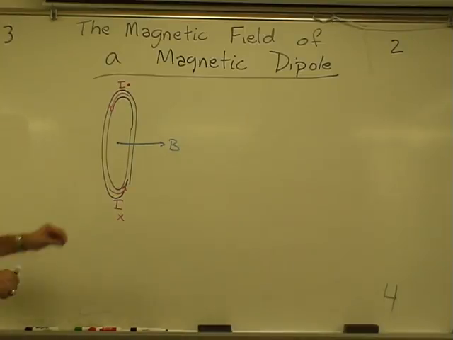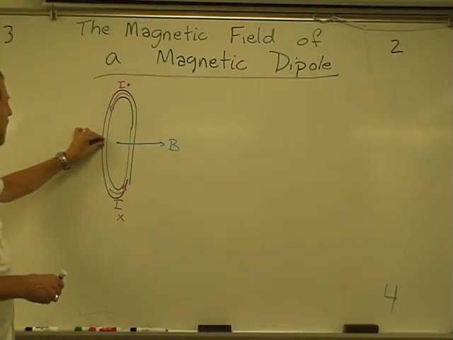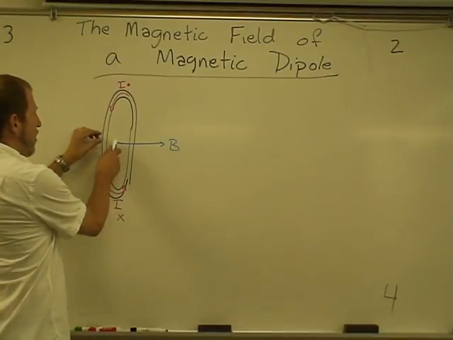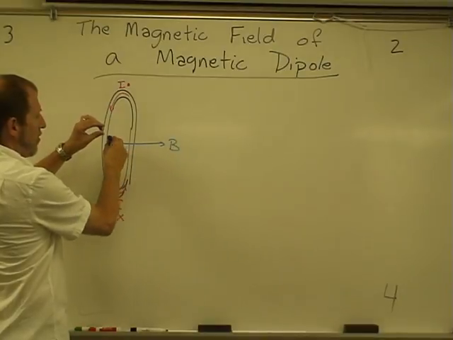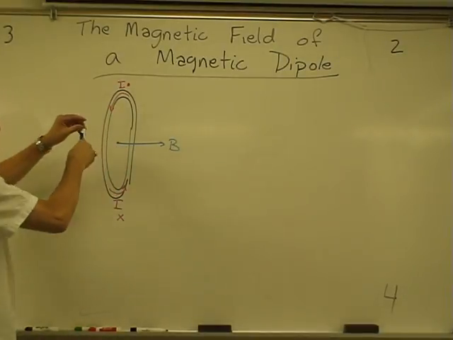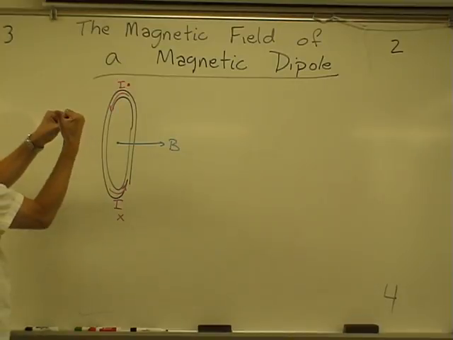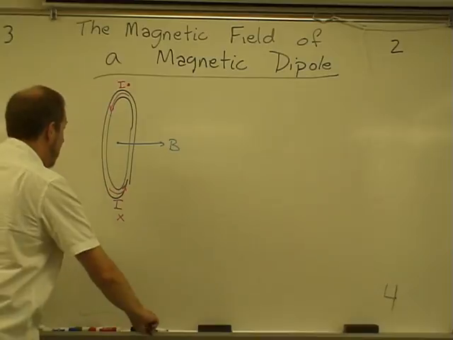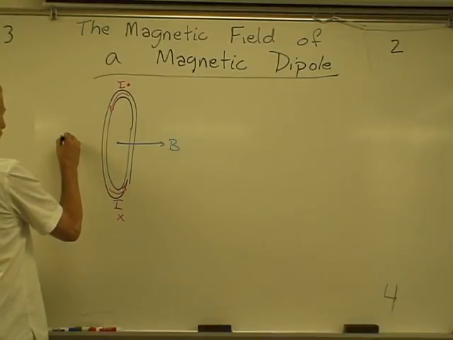What I could do is I could take a tiny little chunk of the ring, and I could use the Biot-Savart law on that to find qv cross r, and let's see, qv downward, cross r outward, that little chunk.